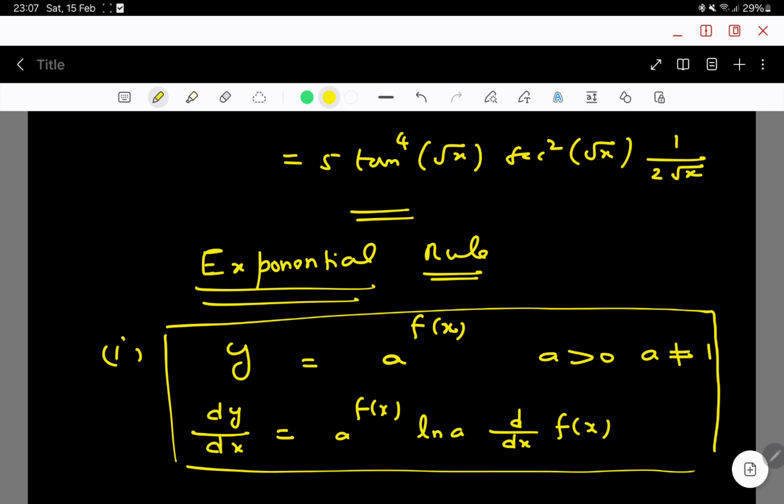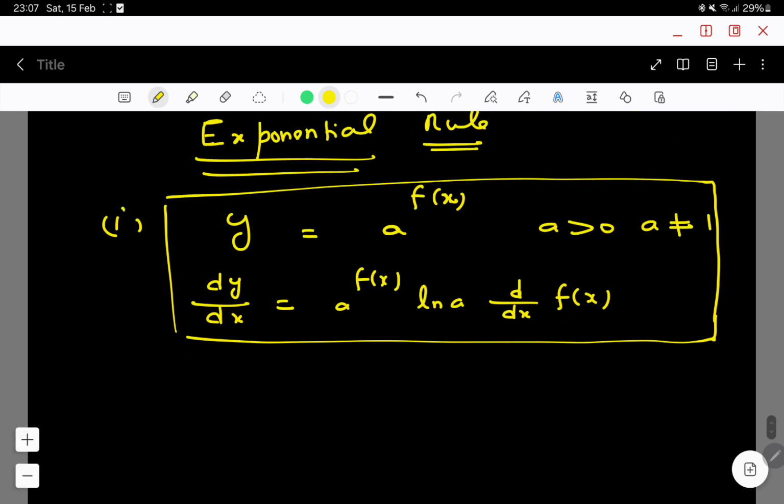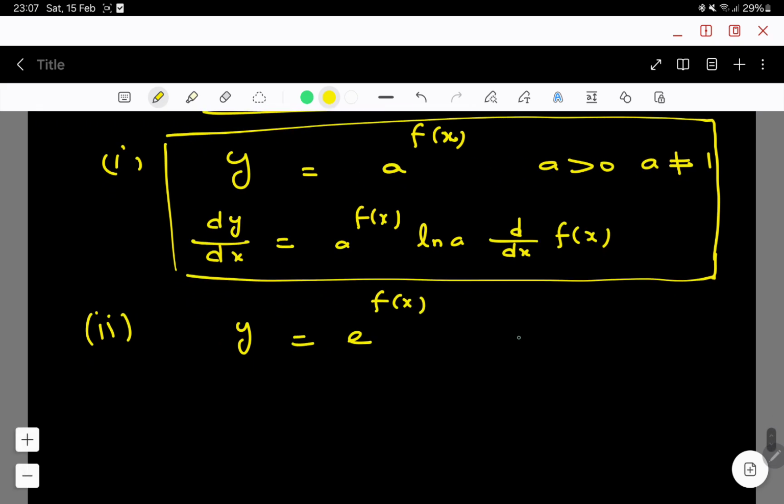This rule is called the exponential rule. a is any positive number, f of x is in the power, it is a variable. Next exponential is y is equal to e power f of x, e to the power of f of x. What is e? e is called Euler's number.